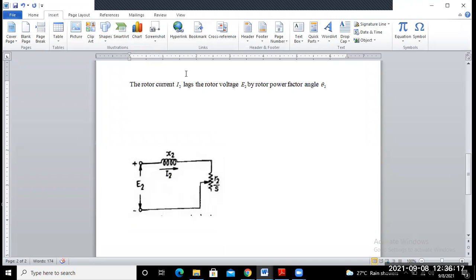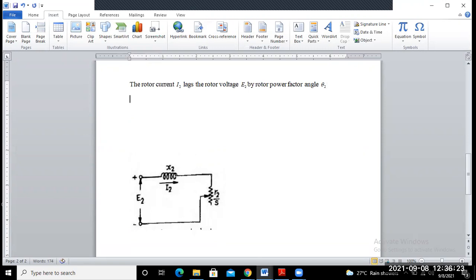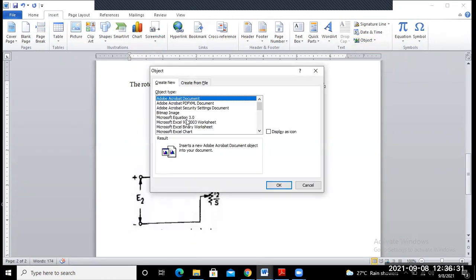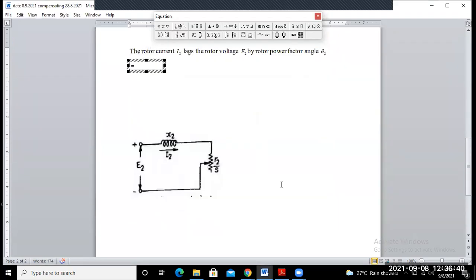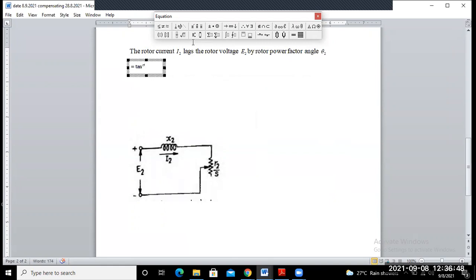So this theta 2 is equal to how much? Theta 2 equals tan inverse of the reactance part by the resistance part, which is tan inverse of sX2 divided by R2.